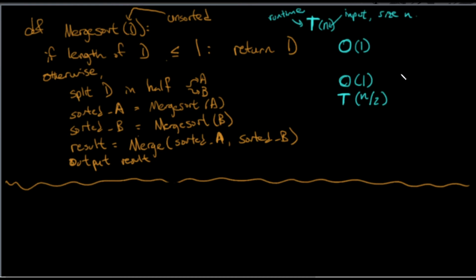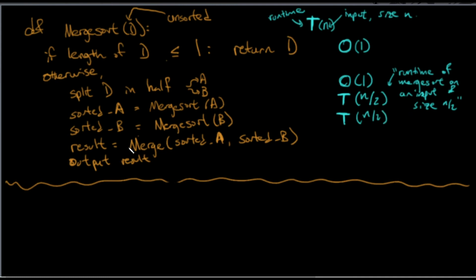I'm going to write that out explicitly. This is the runtime of merge sort on an input of size n over 2. Likewise, this will be the same thing.